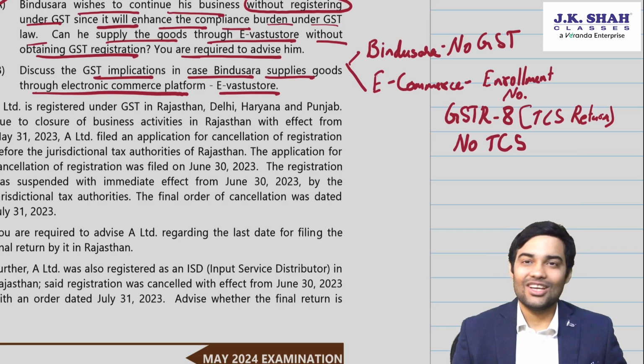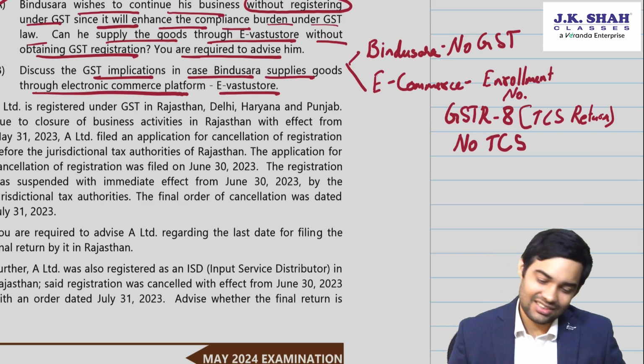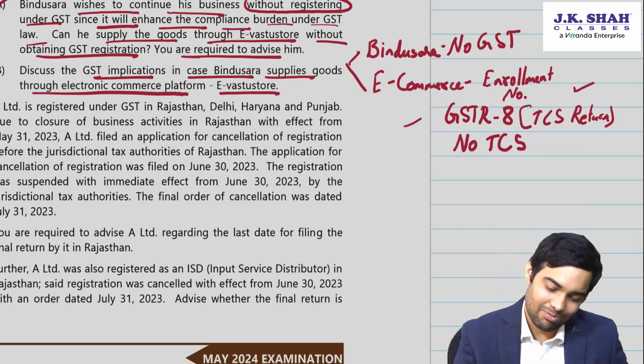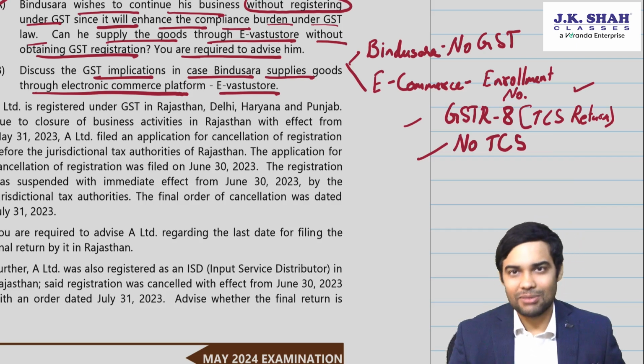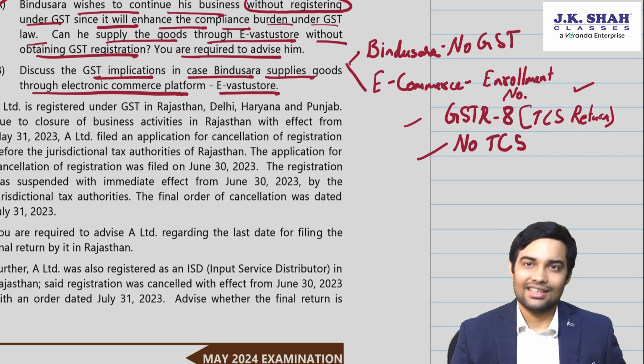So it's just that if the e-commerce operator does not follow all this and allows the other person to make an interstate supply, or allows a person who is liable to register to sell online, then in that case the e-commerce operator will have to pay a penalty under section 122(1B). But the institute has not mentioned it, so you'll just mention the enrollment number, the reporting requirement, and that no TCS will apply, as the supplier of goods through the e-commerce operator is unregistered and he is permitted to sell even if he is unregistered.